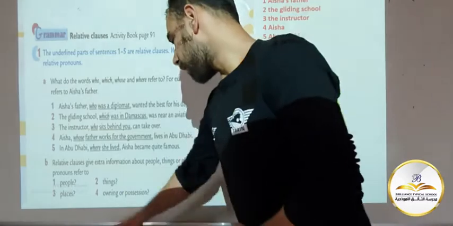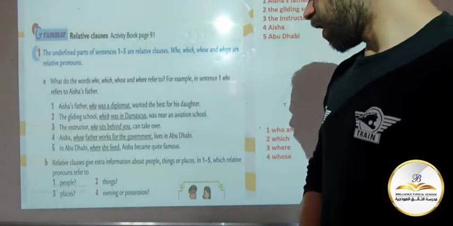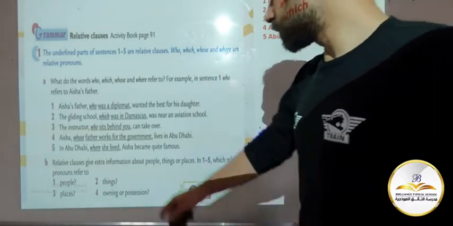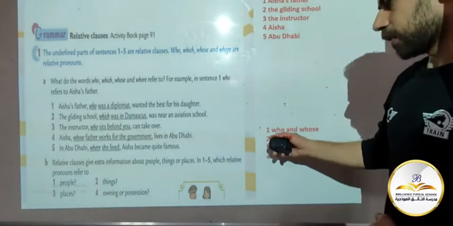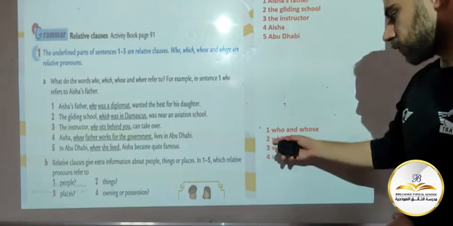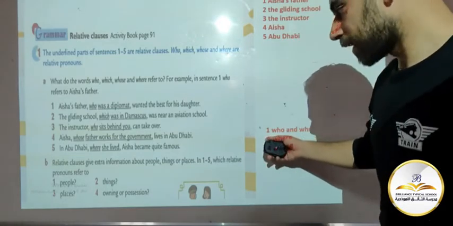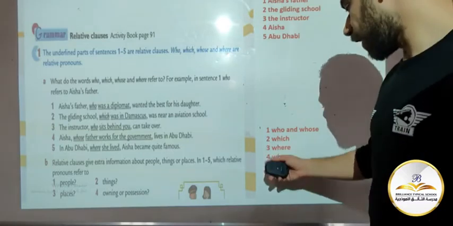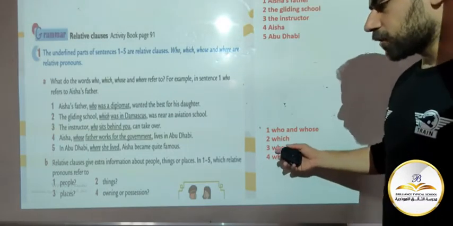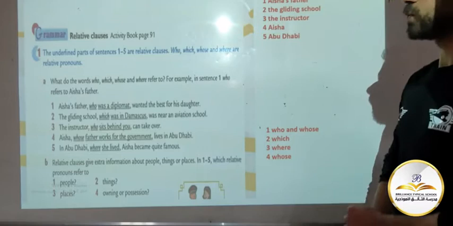And when I talk about owning or possession, I use whose. So when I talk about people, I use who. When I talk about things, I use which. When I talk about places, I use where. And when I talk about owning or possession, I use whose.